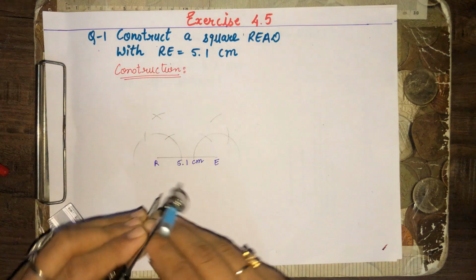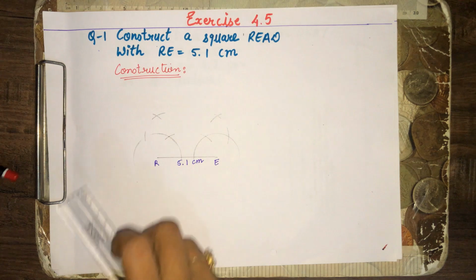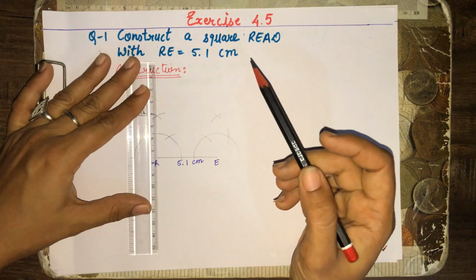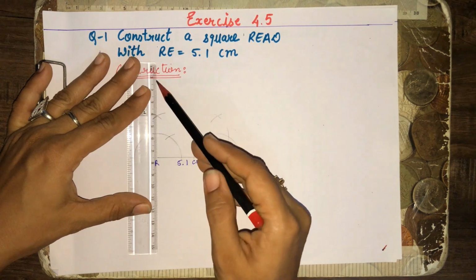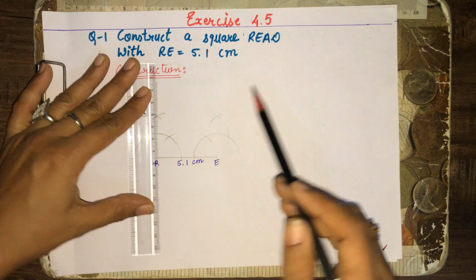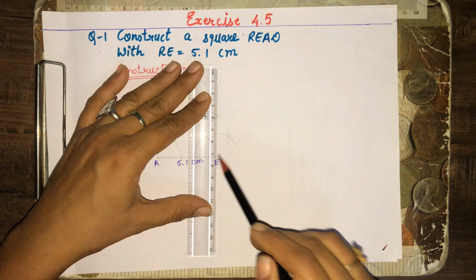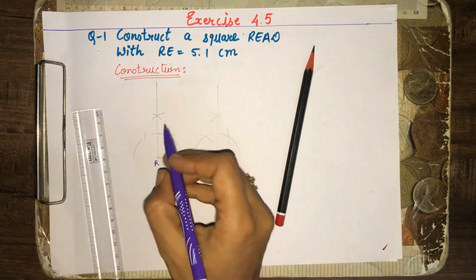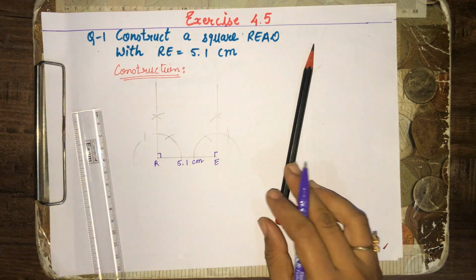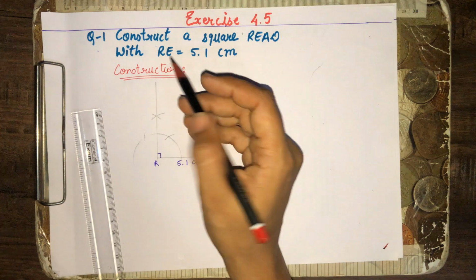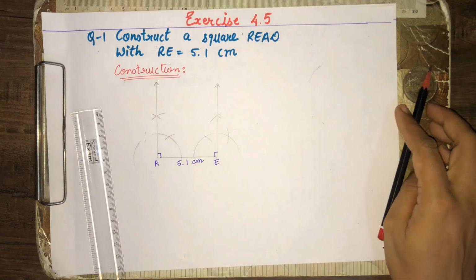So from here one more arc, and this will give me a 90 degree angle over here and at E also. So this R is 90 degrees and this E is also 90 degrees. Now we know that, as I said, all the sides of a square measure the same.